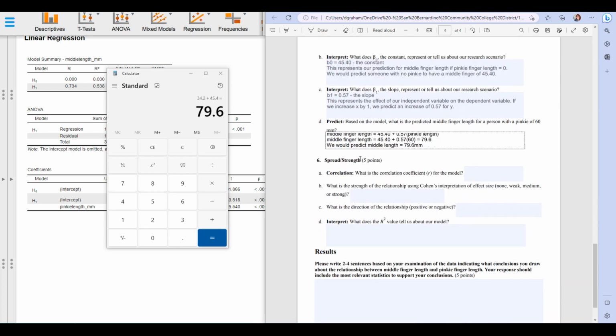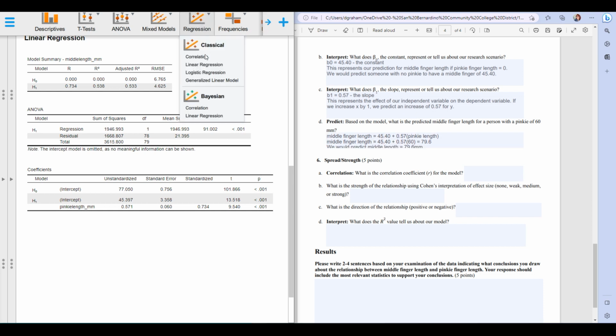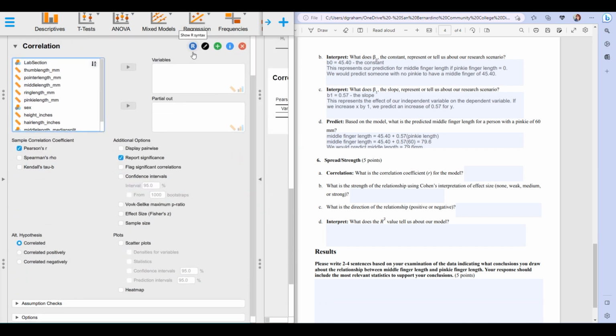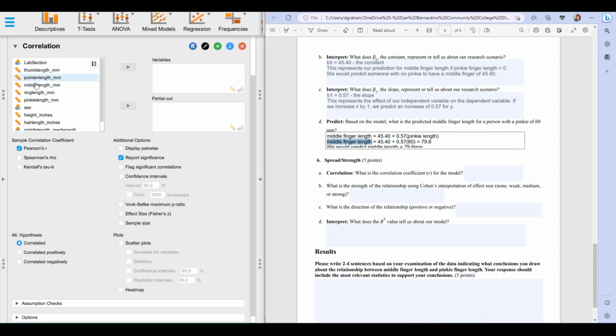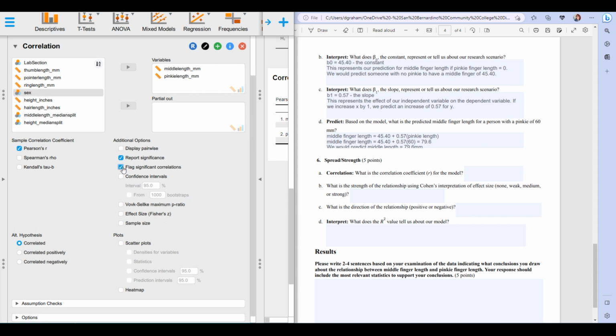Now our spread and strength. This is going to come from running a correlation. And this is actually where we also get those scatter plots that we just saw. So correlation, and here we're looking at middle finger length, goes in first, followed by pinky length. I like to always flag significant correlations, and we want to select for scatter plots.